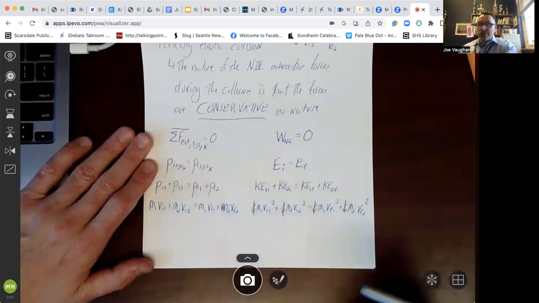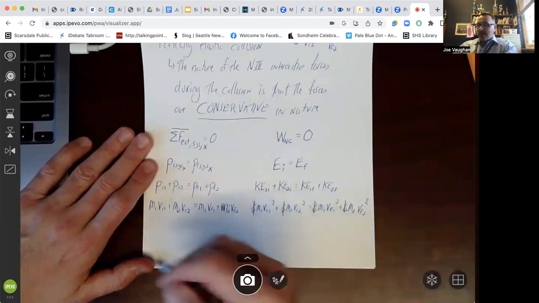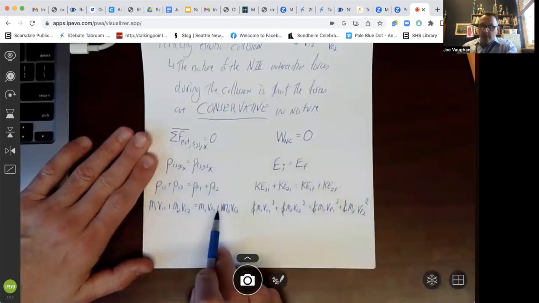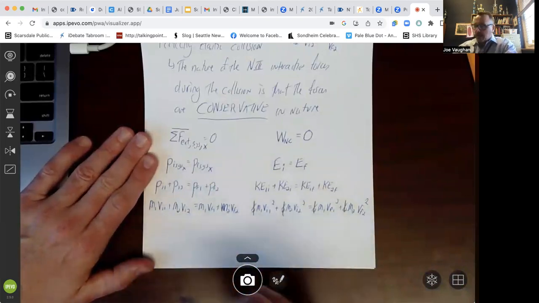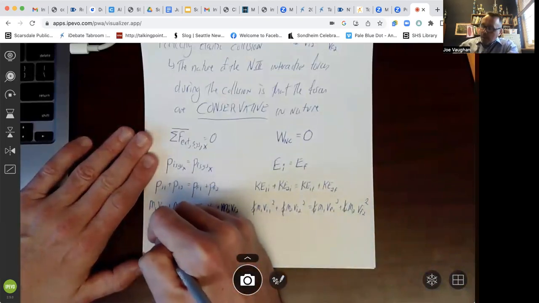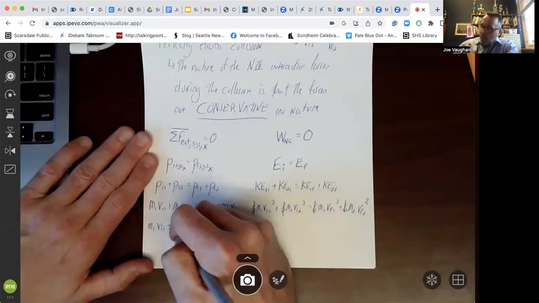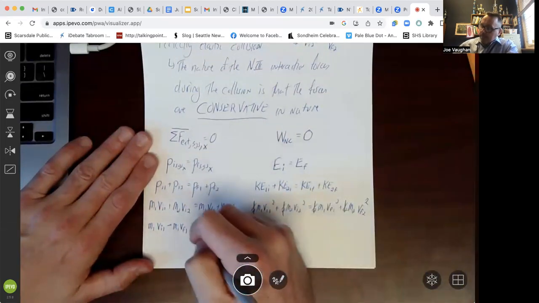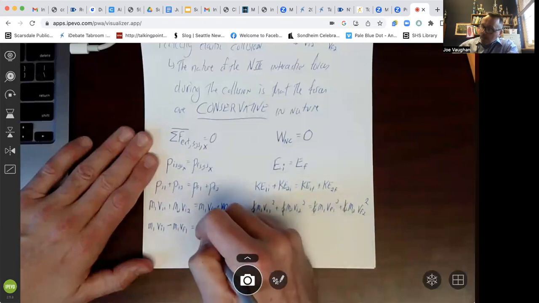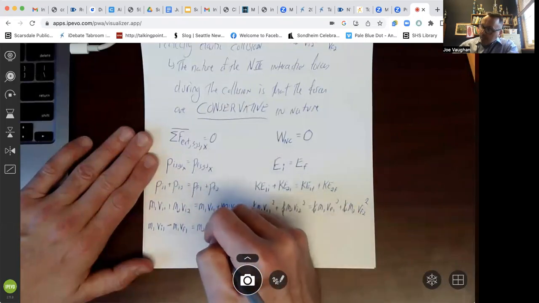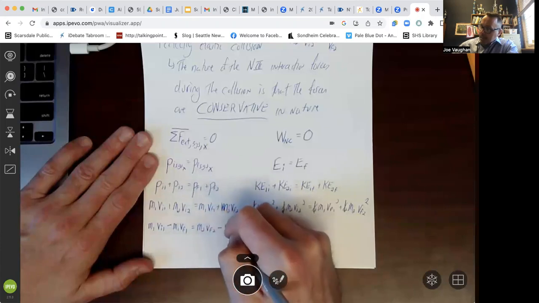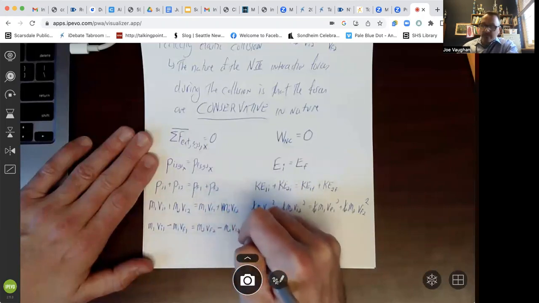How about we restructure them by mass? In order to do that, I'm going to move everything 1 related to the left, everything 2 related to the right. So here we go, M1 VI1 minus M1 VF1 is going to equal M2 VF2 minus M2 VI2, okay?